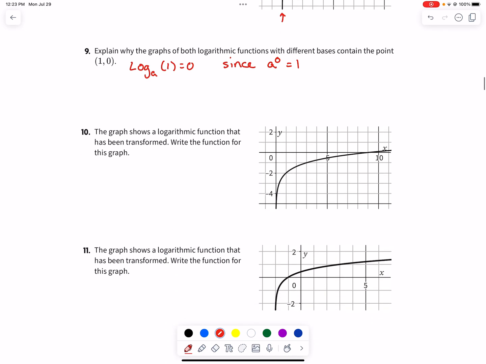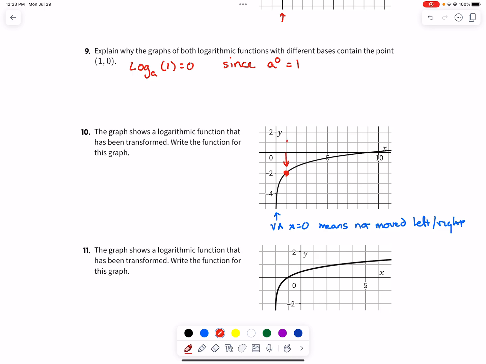All right, so now again, we look first for the vertical asymptote. Then we go 1 unit to the right of the asymptote and look for the point that's the equivalent of 1, 0. Looks like it's been moved down 2.